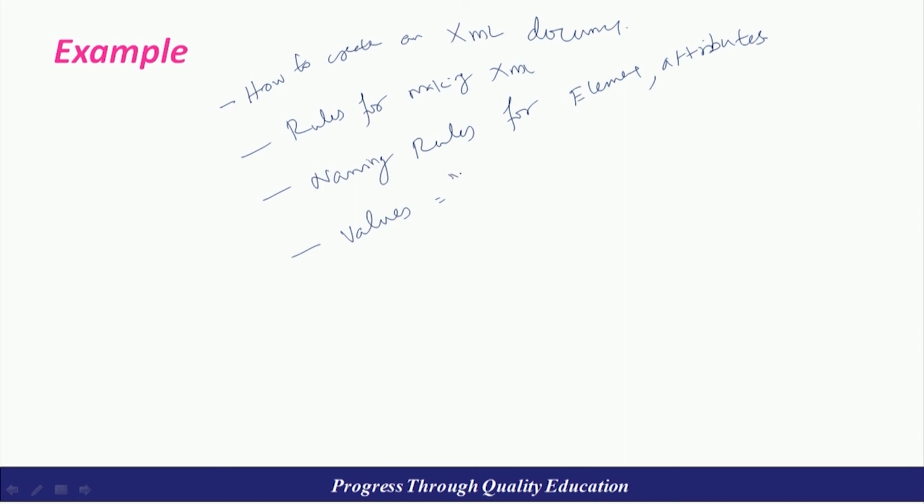They should be given within double quotes. These are attributes and attribute values. Then text. What is text? An element which is having content, that is called text. This is an example.